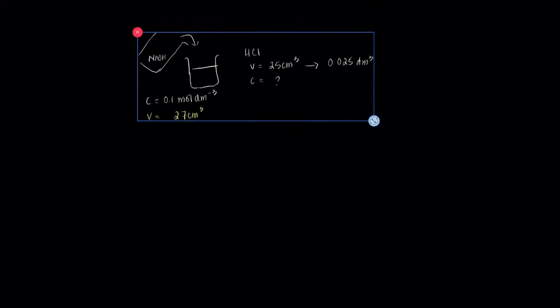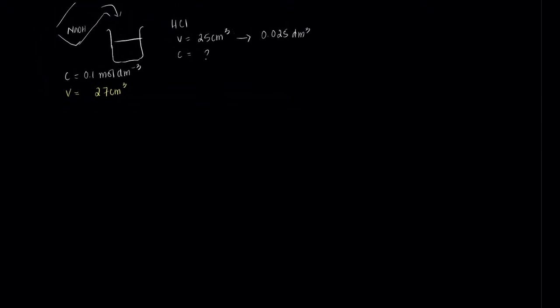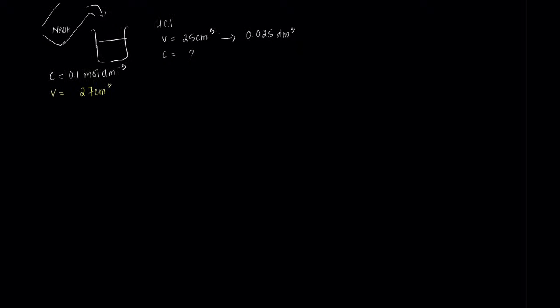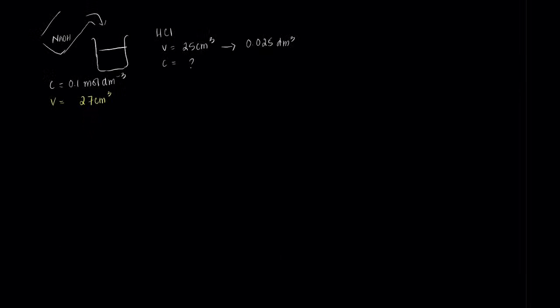Now you don't need to draw what I'm drawing, I'm just trying to give you an idea how this works. Because the issue is, if you haven't realized already, this needs to be really accurate, right? The more accurate your measurement of the volume is, the more accurate your answer over here. Right now I'm just saying 27, but it's really hard to pour from a beaker drop by drop. So you understand this is a really bad instrument to use to figure this out.